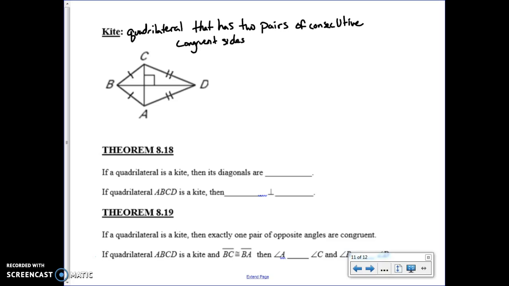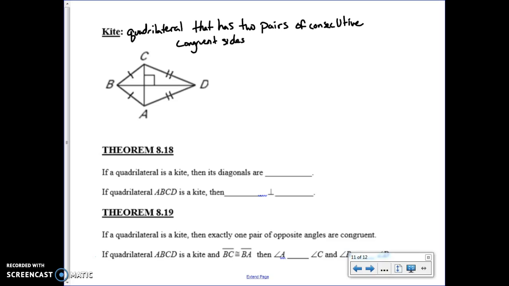So notice BC and AB, those are congruent to each other, and then CD and AD are congruent to each other. Consecutive means right next to each other.